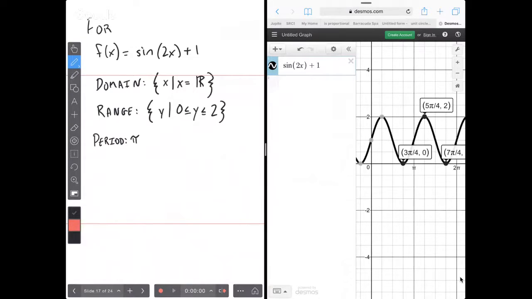So we know that the sine of 2x plus pi k, plus 1, equals sine of 2x plus 1.